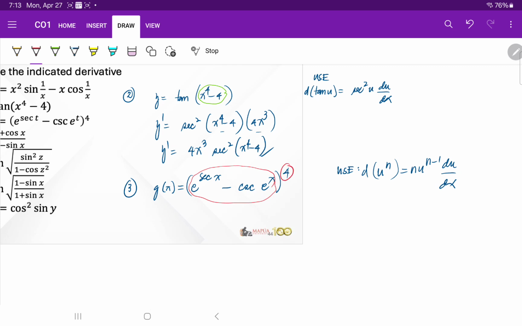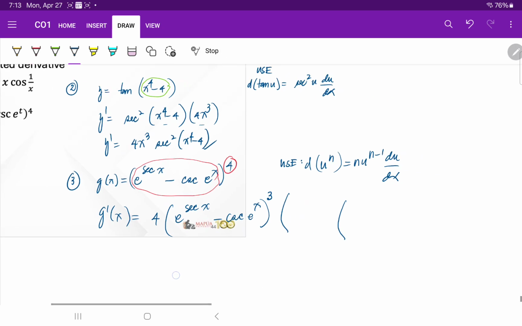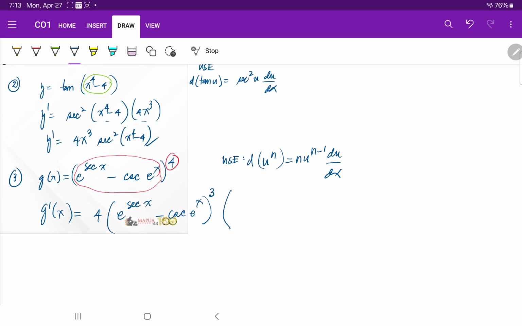So what is g prime of x? You have 4 times e to the secant x minus cosecant e to the x raised to the 4 minus 1 is 3, times the derivative of e to the u. So derivative of e to the u is e to the u du dx, and the derivative of secant u is secant u tangent u times the derivative of u, which is 1.